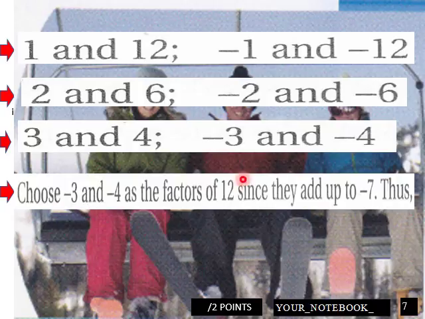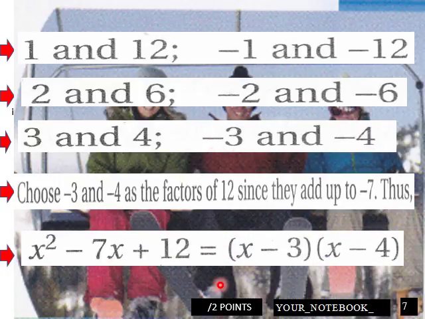So here are the different factors, and when they combine, which ones add up to -7? It would obviously be these two here. So x minus 3, x minus 4. That's the rationale that you use to factor a trinomial like this. -3 times -4 equals positive 12.